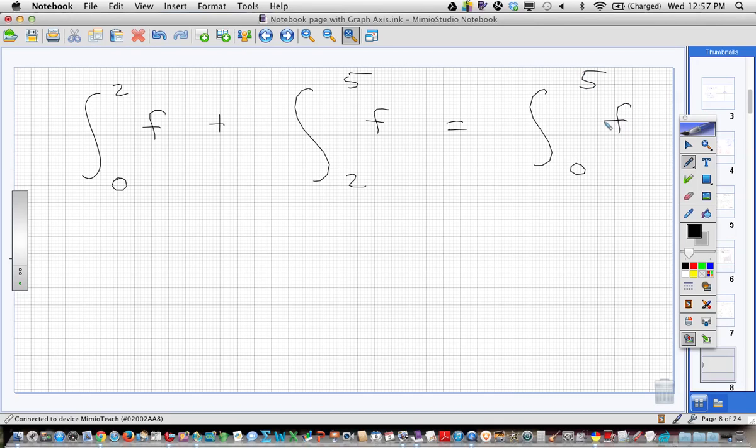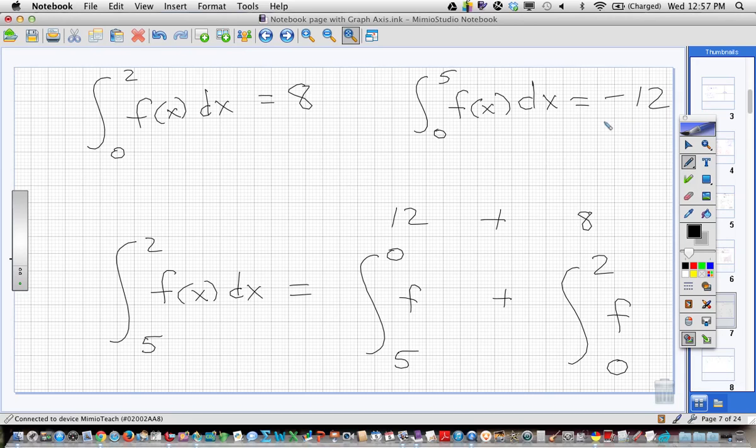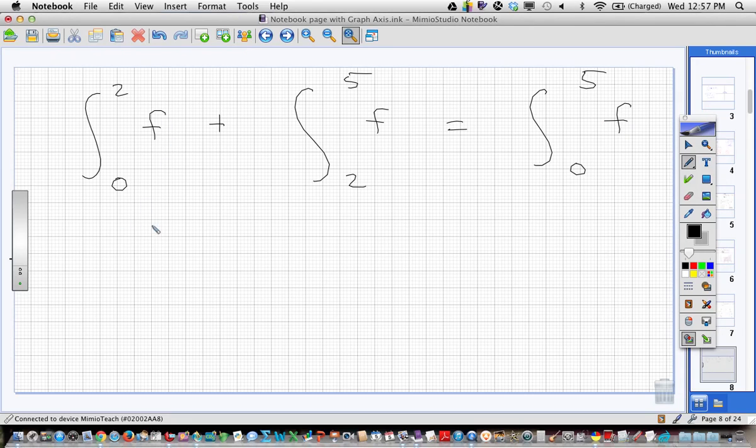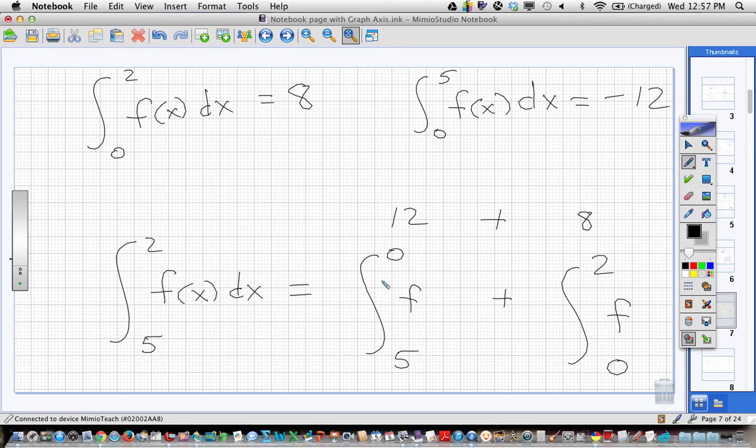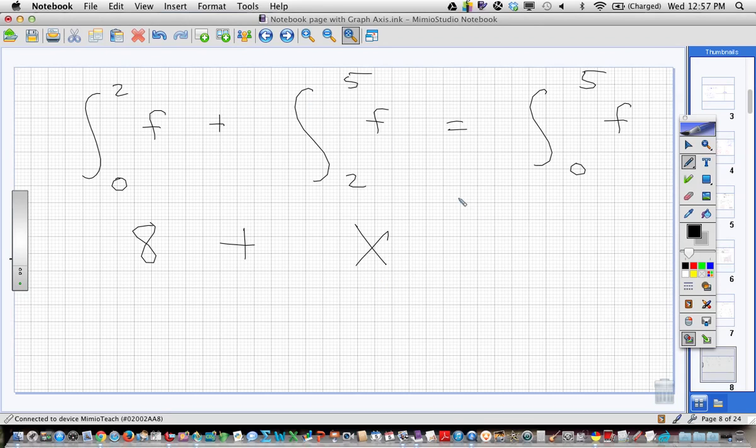Isn't that true? 0 to 2 plus 2 to 5 would make 0 to 5. That's true. And so then we come back here. Well, 0 to 2 is 8. What's 2 to 5? We don't know. Let's call it x. That's what we're looking for. Well, sort of. We're actually looking for 5 to 2, but that'll be easy. We'll just do the opposite.